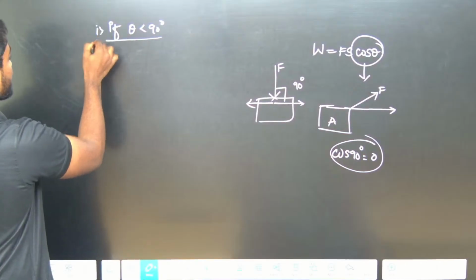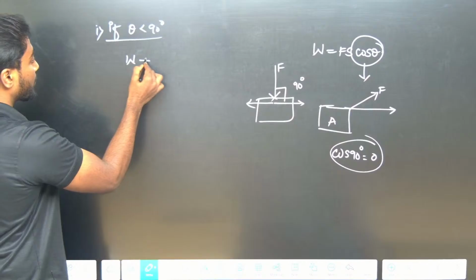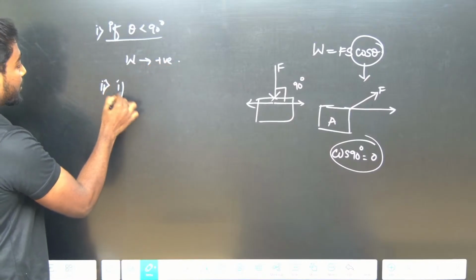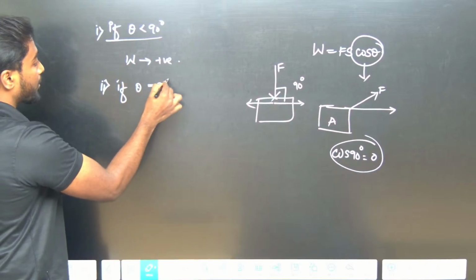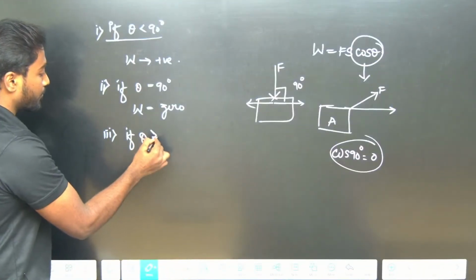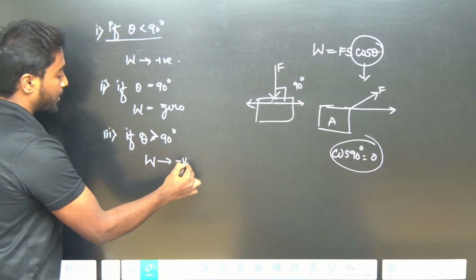The first case: if theta is less than 90 degrees, work done will be positive. If theta is equal to 90 degrees, work done will be equal to 0. If theta is greater than 90 degrees, work done will be negative.